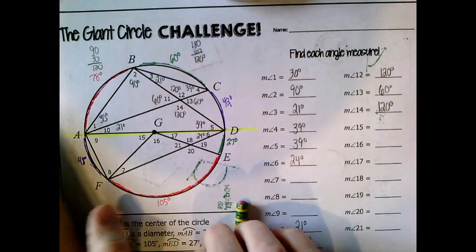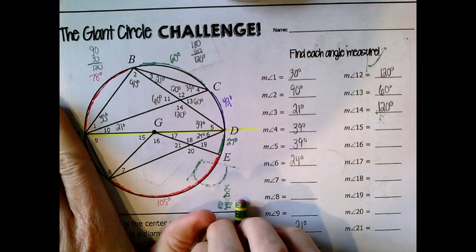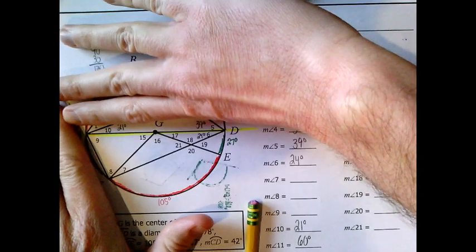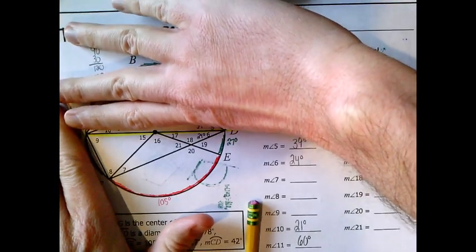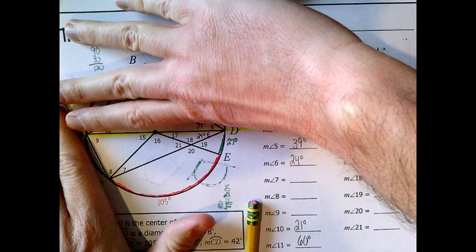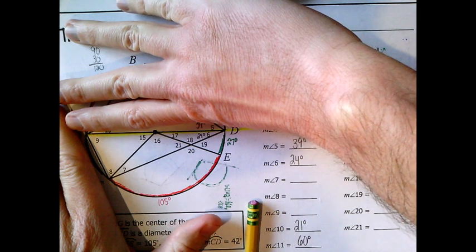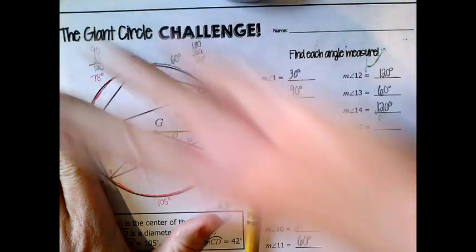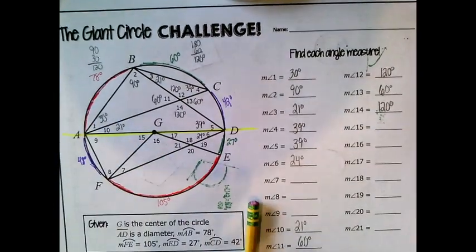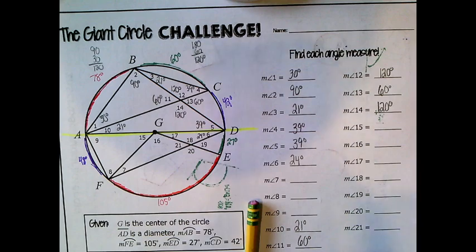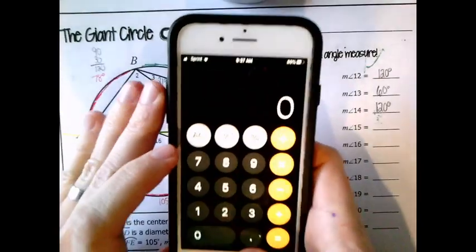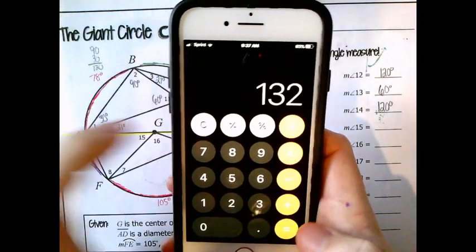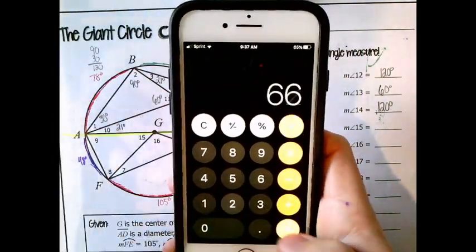9 is an inscribed angle, and if you can see, angle 9 touches the 105 and the 27. So I got to add 105 and 27, and then divide that by 2.